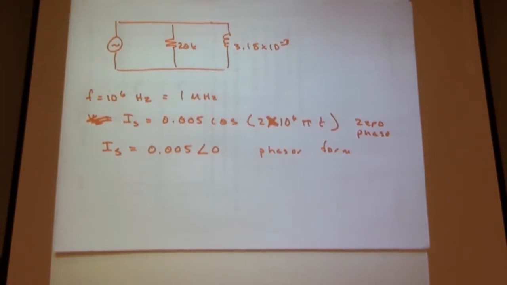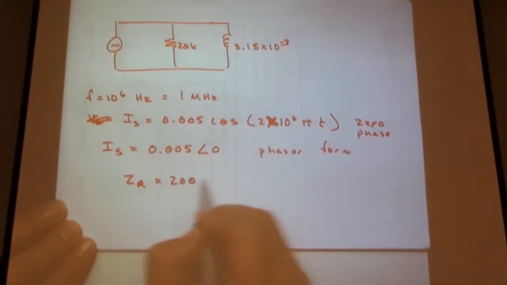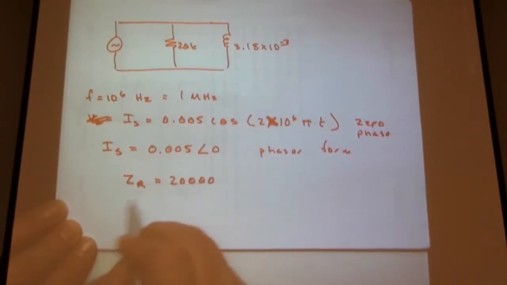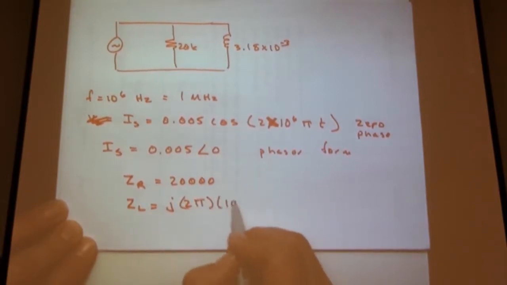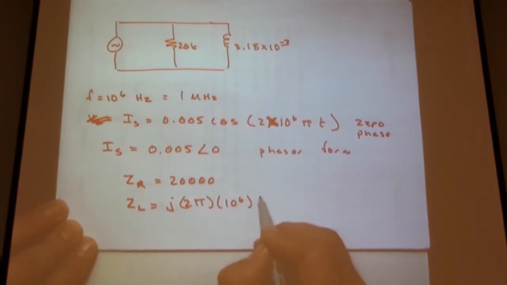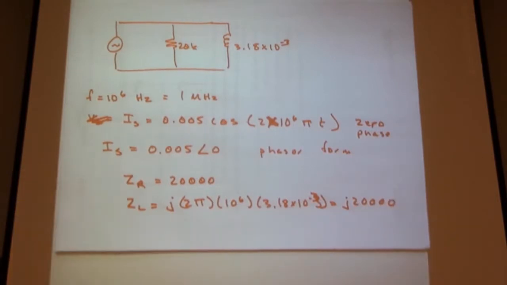At this frequency, ZR still is 20K, no change. ZL equals J 2 pi 10 to the 6 times 3.18 times 10 to the minus 3, which by sheer coincidence is J 20K. And so there's our two values.